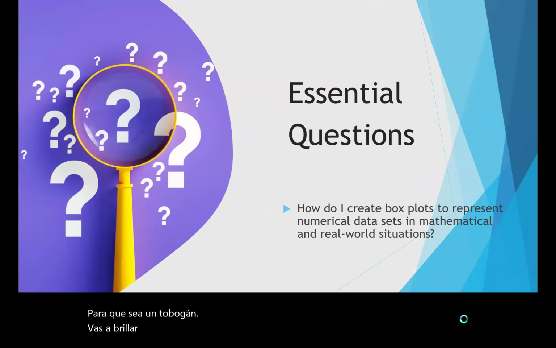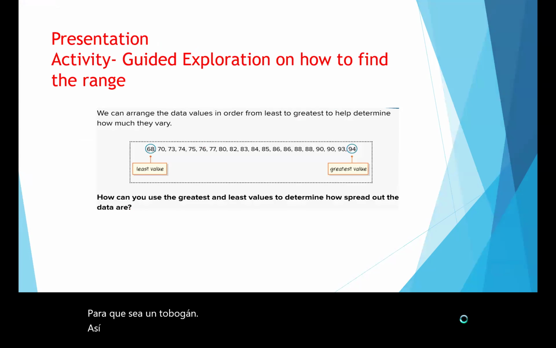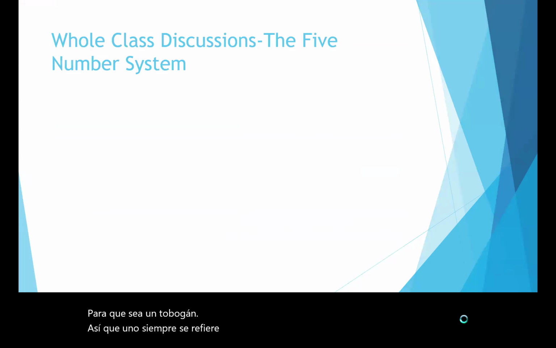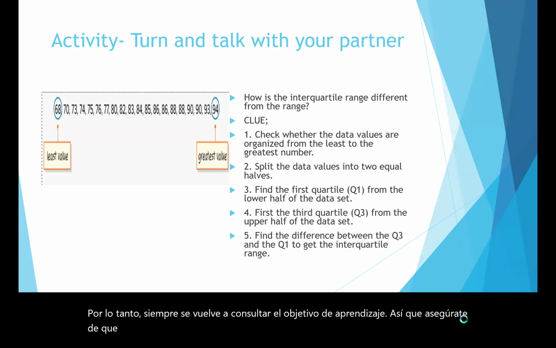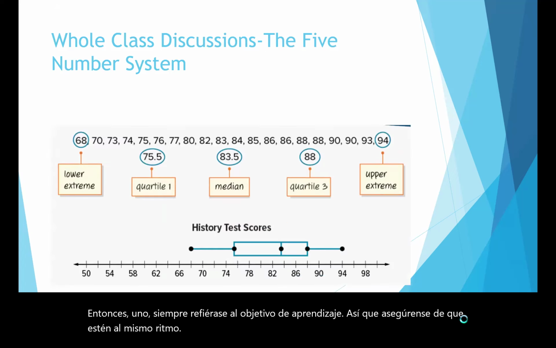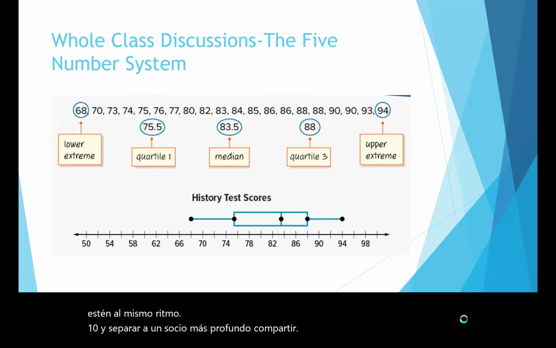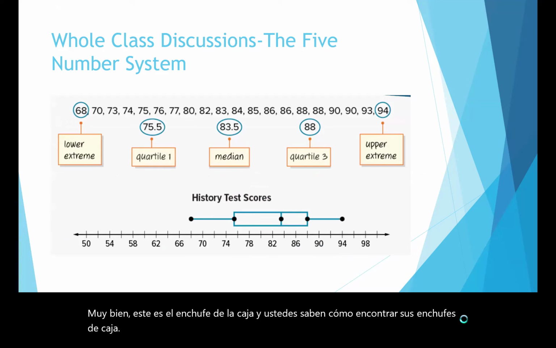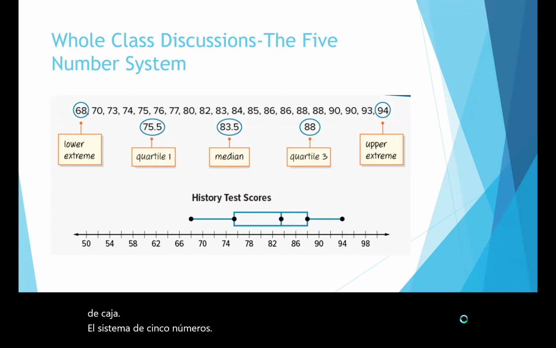So one, always refer back to the learning target to make sure you guys are on the same pace. Try to interpret, partner, think, pair, share. All right, so this is the box plot. You guys know how to find the box plots. The five number summary. Right?